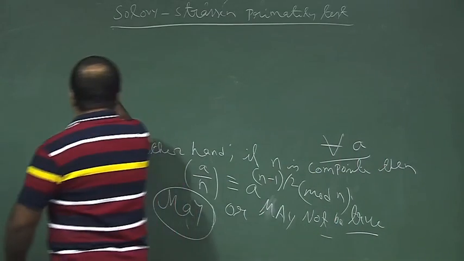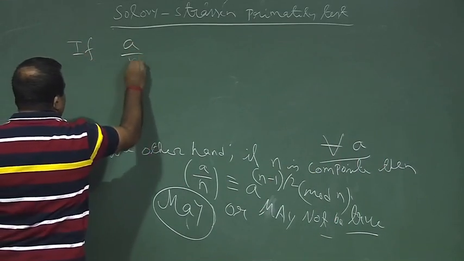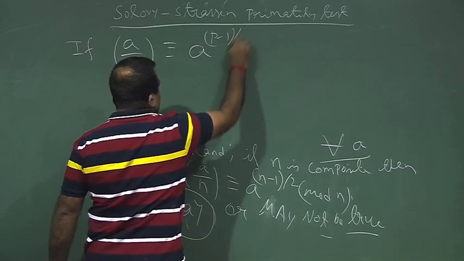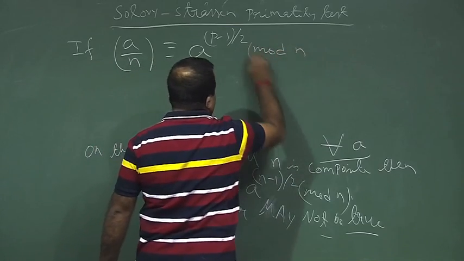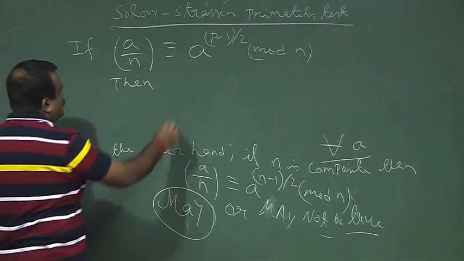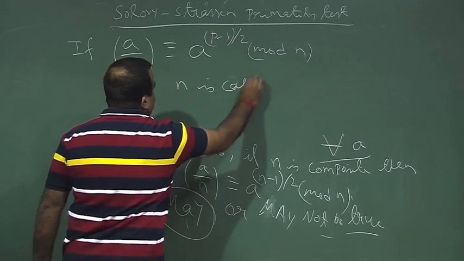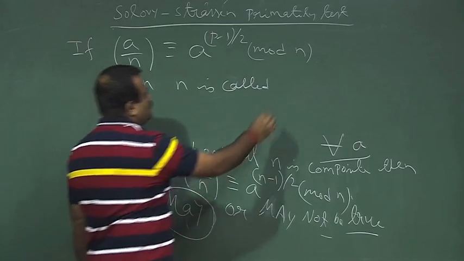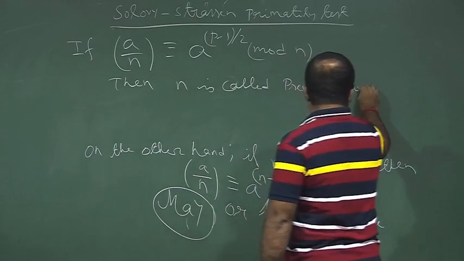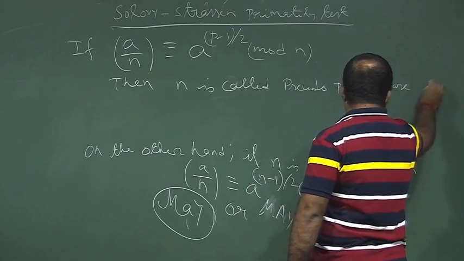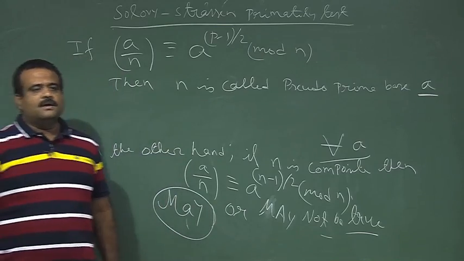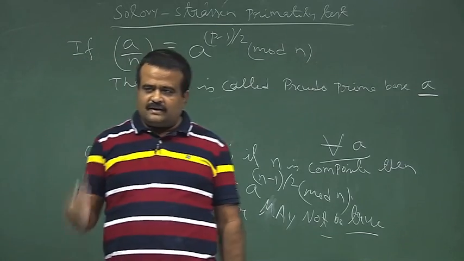So if (a/n) is congruent to a to the power (n minus 1)/2 mod n, if such an a exists, then n is called a pseudo prime or Euler pseudo prime base a. And if n is a pseudo prime base all integers a, then it is a real prime.